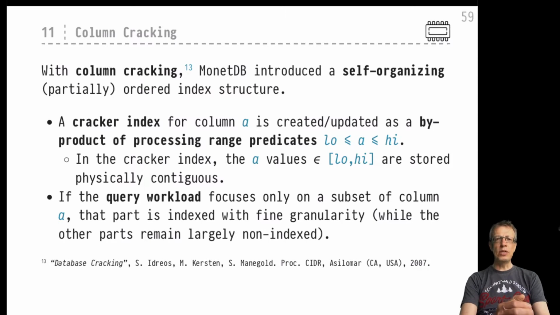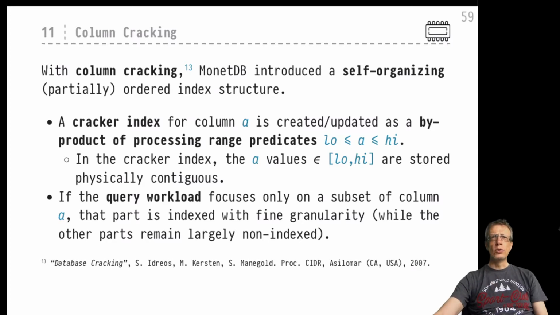It's an adaptive index structure that indexes those parts of the data that are really relevant for your query workload and does not invest many CPU cycles into those partitions of the data that play a lesser role in your query workload. So this is really well invested CPU cycles. These cycles are invested into those parts of the data that make a difference for your query workload.